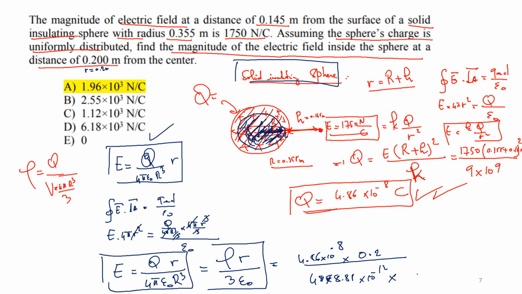Now what is R cubed? R cubed is 0.355 squared, cubed. And you calculate this, how much do you get? You get this answer, 1,960 Newton per Coulomb. Is it clear? Good.